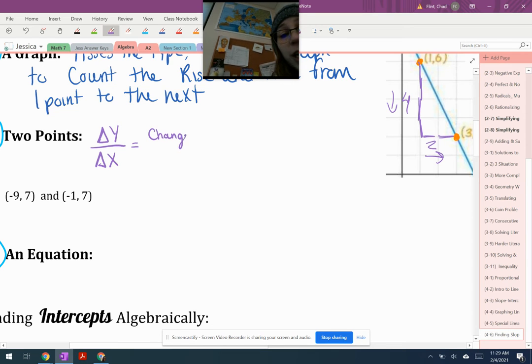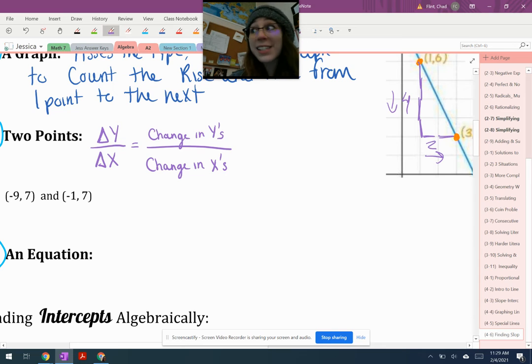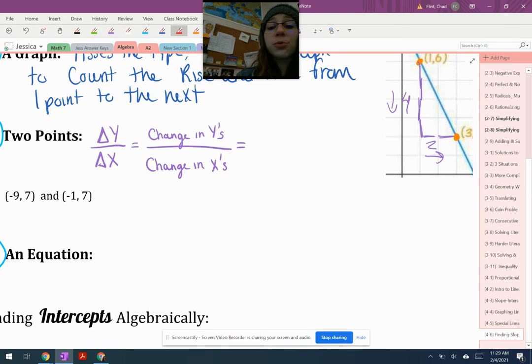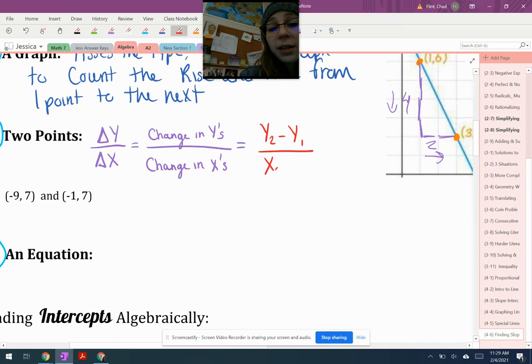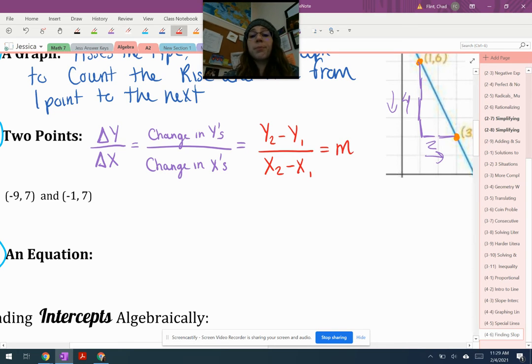The y's go on the top because it's rise over run, up and down on the y and over to the side on the x. The formula you're going to use is y2 minus y1 divided by x2 minus x1. That is your slope.